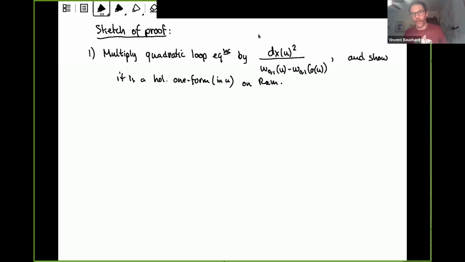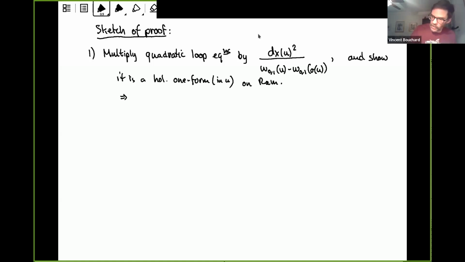So this is a straightforward step because you just take the constraint of the quadratic loop equations, multiply, look at what happens to poles at u going to a, and then you get that it's a holomorphic one. Okay. And you also see why we had different constraints for Airy and Bessel type, because omega_{0,1} behaves differently in the Airy and Bessel type. So the constraints are exactly such that this new one-form you constructed is always holomorphic.